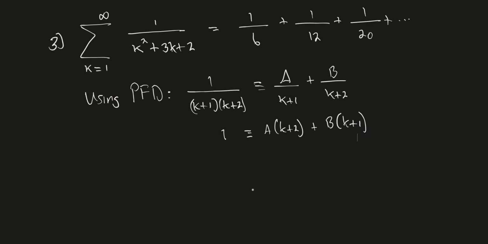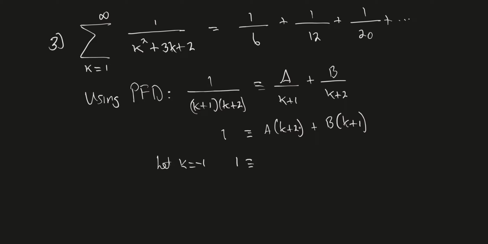And then we can use our method of choosing convenient values of k so as to simplify or eliminate one of the terms on the right, so we can solve for the other constant. So I'll start by letting k equal -1. If we let k equal -1, this side is a constant, so it remains 1.